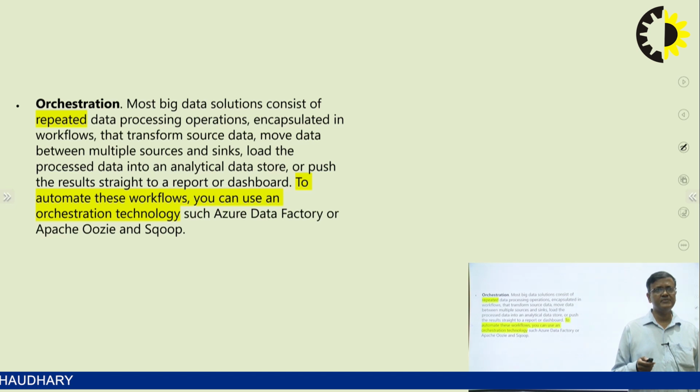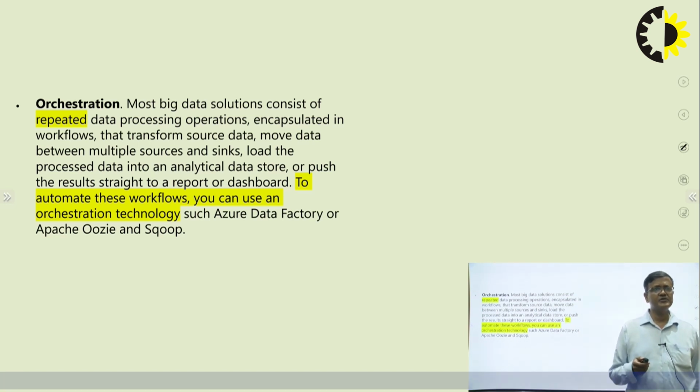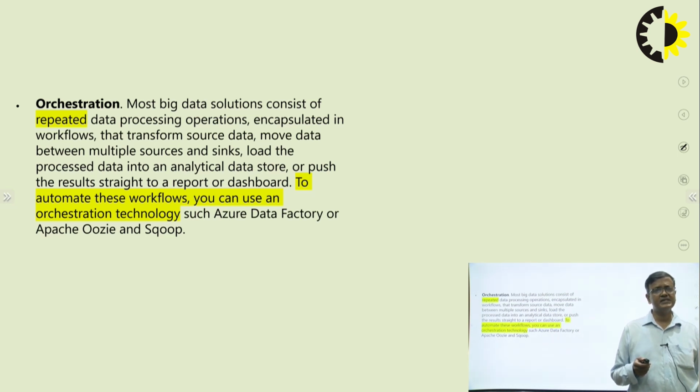Coming to the last component, which is the orchestration. In this, most big data solutions consist of repeated data processing operations which are encapsulated in workflows that transform the source data, move data between multiple sources and sinks. We have seen the multiple sources and sinks of the various components of the big data architecture.